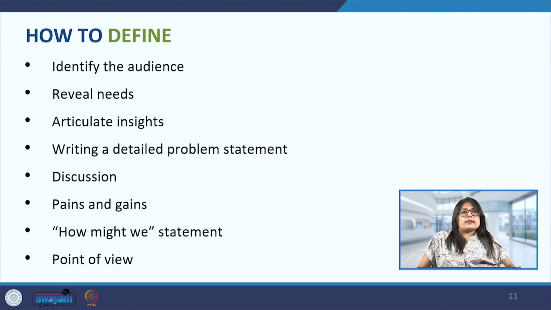The next is pains and gains. Identifying pains and gains is really important because these are the negative and positive aspects of the user experience. The pain is the frustration or the challenges that the user is facing, and the gains are the positive aspects where we see the benefits and the positive outcomes that are there.